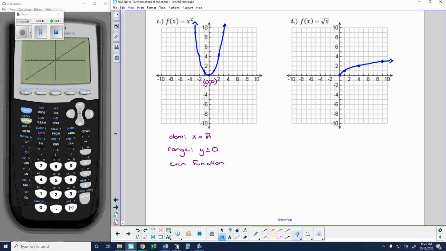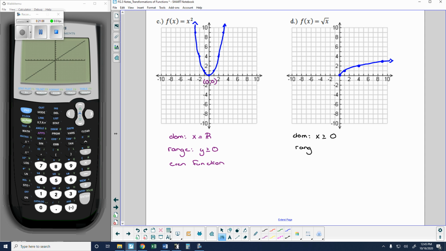Taking a look at D, we have a square root function. This one is going to be a little bit different than what we've seen. The domain for this function is not all real numbers. So notice that on the x-axis, it's only going to the right. It never passes the y-axis to the left. So the domain is going to be any x that's greater than or equal to 0.